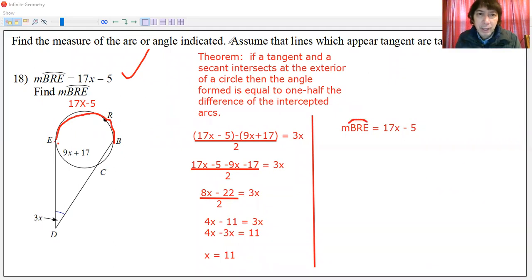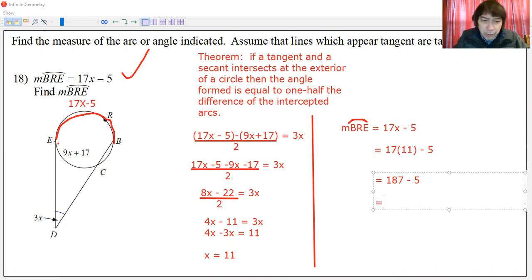We substitute our x now in place of x. So this is 17 times 11 minus 5. How much is that? 17 times 11 is 187. So this will be 187 minus 5, which is 182.